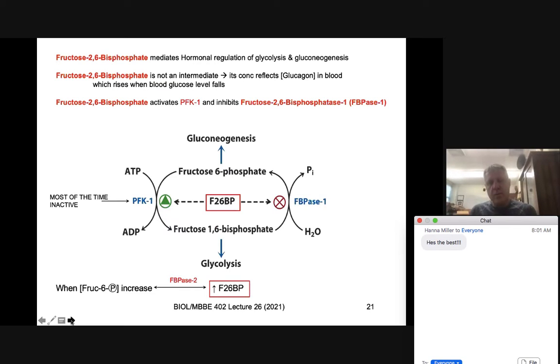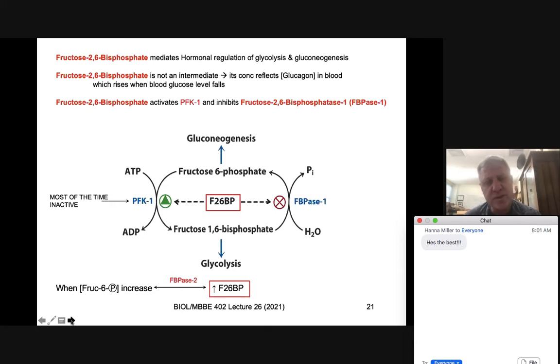So we have a key compound which is called fructose 2,6-bisphosphate. Now, the 2,6-bisphosphate is separate from the 1,6-bisphosphate because there is a different phosphorylation, in position number 2 instead of position number 1.